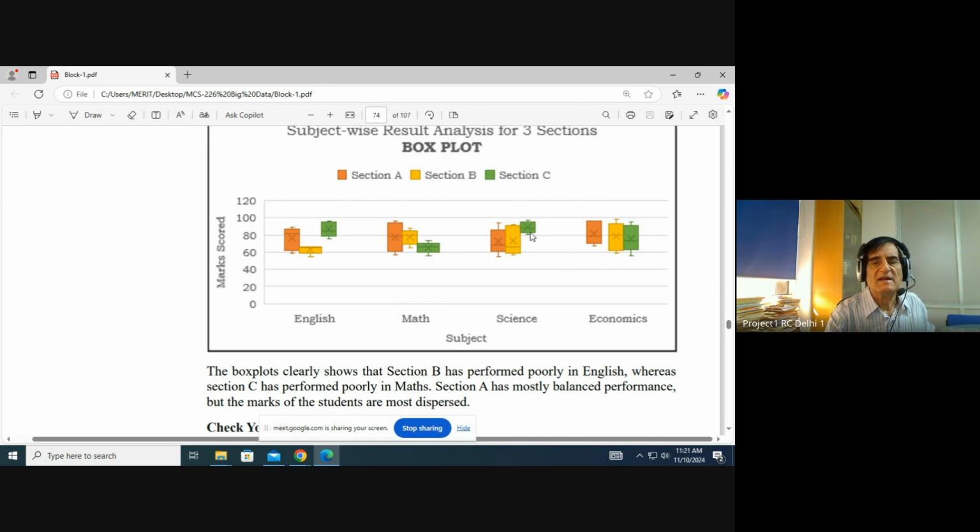And then in section C, this is doing better because in economics they are doing better, but in other subjects their marks are lower. Okay, so that's what you can see. This is a box plot.